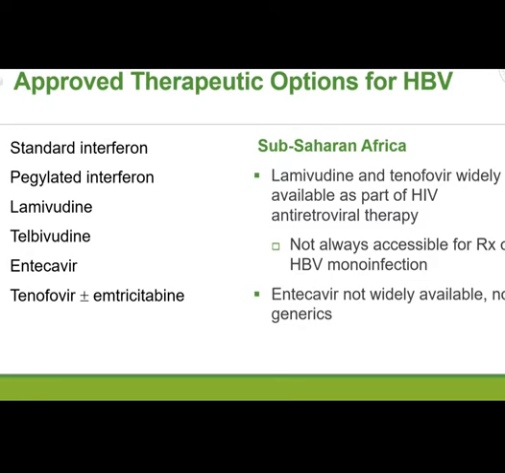In sub-Saharan Africa, lamivudine and tenofovir are widely available, as there are a lot of patients with HIV, but are not always accessible for treatment of hepatitis B virus monoinfection. Entecavir is not easily available in sub-Saharan Africa.